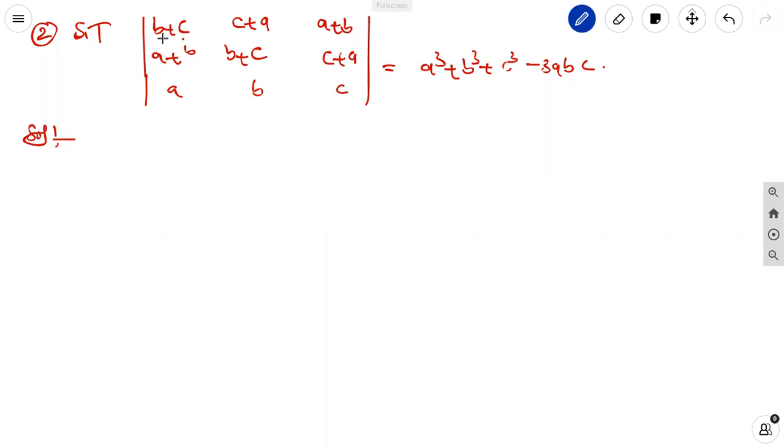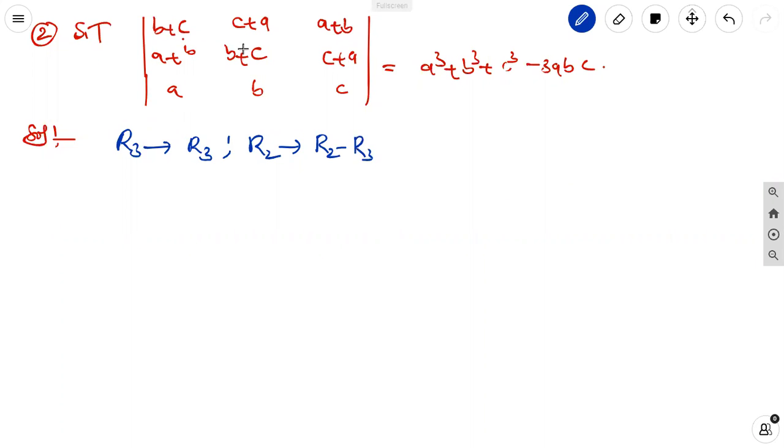But we can reduce to lesser terms. Just observe the R3: A is there, here A is there, B, B, C, C. Here R3 is R3 only, R2 is R2 minus R3.